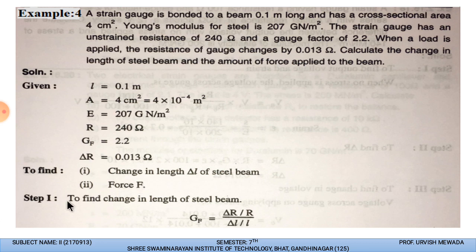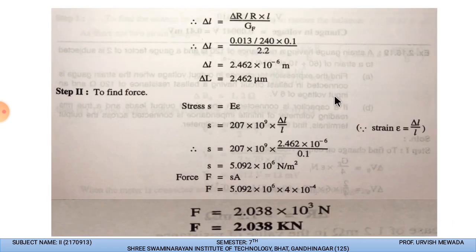the force. Step 1, find the change in the length of the steel. First of all, we have the equation of gauge factor, that is delta R by R over delta L by L. From this we can make delta L the subject: delta L is delta R by R into L divided by GF.